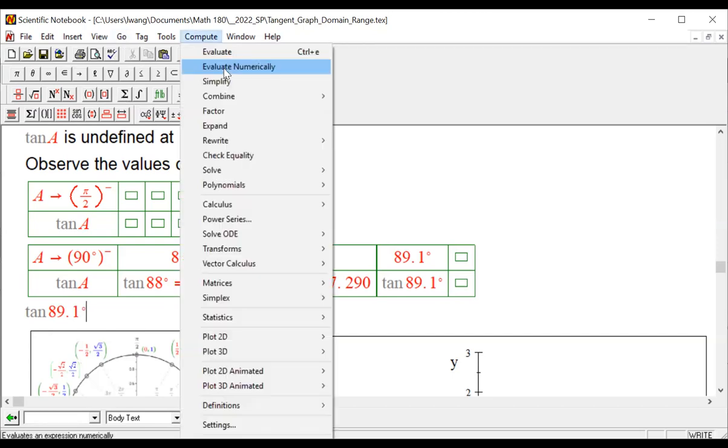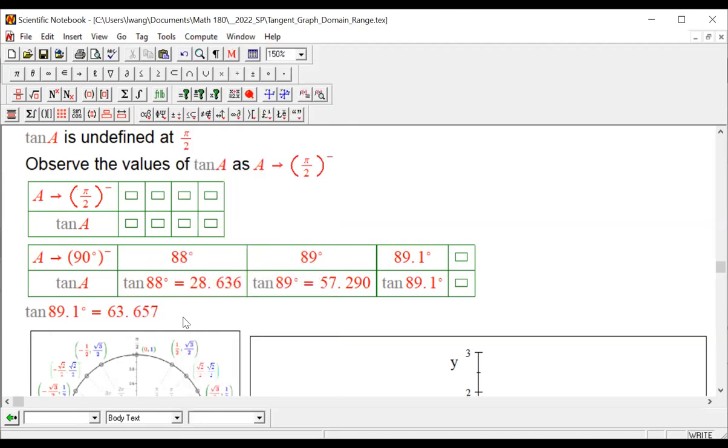I increased just a little bit, 63.657. Wow. How about I make it 89.01 degrees, just a little bit closer.